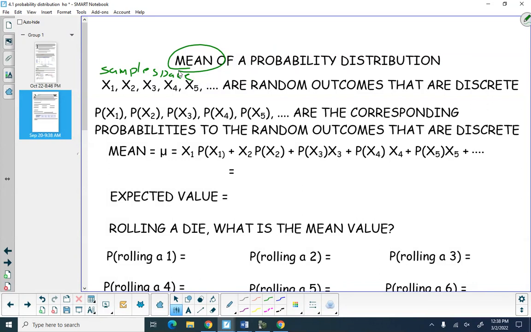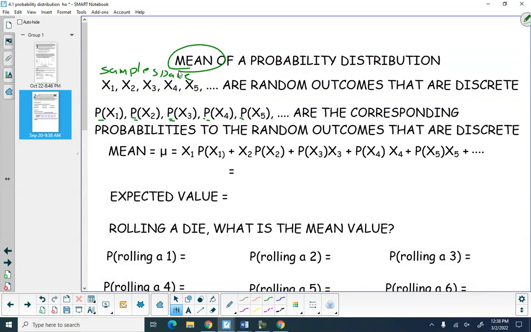When I put a p there, this is the probability of each one of those outcomes. It's the exact same thing we just did on those charts, but I had to put it in formula form here with random variables. We have outcomes and we have probabilities of the outcomes.